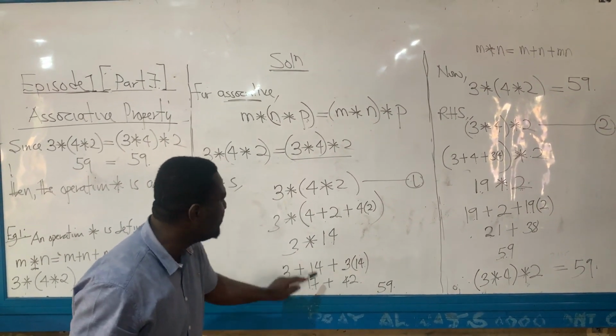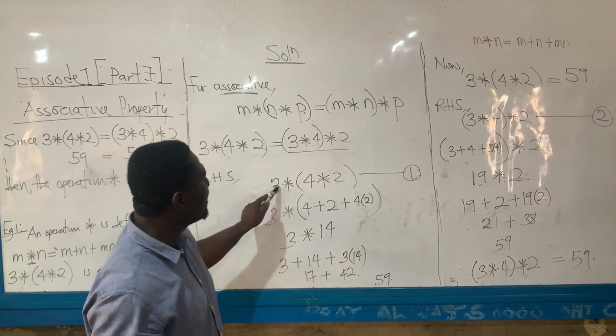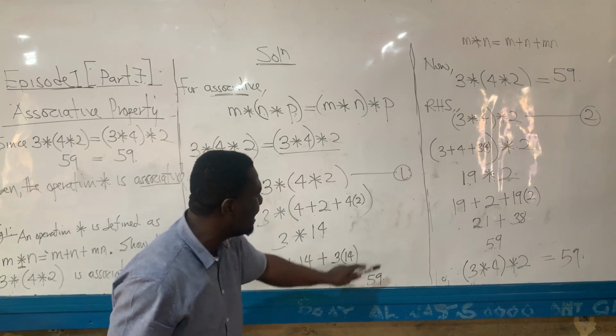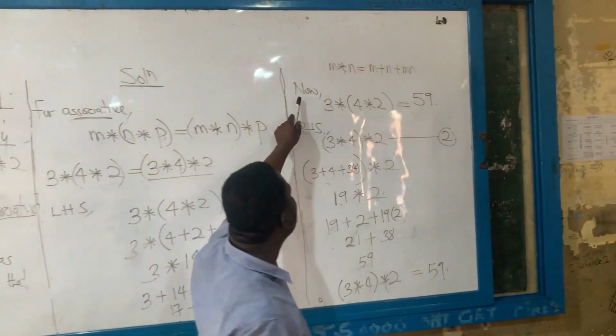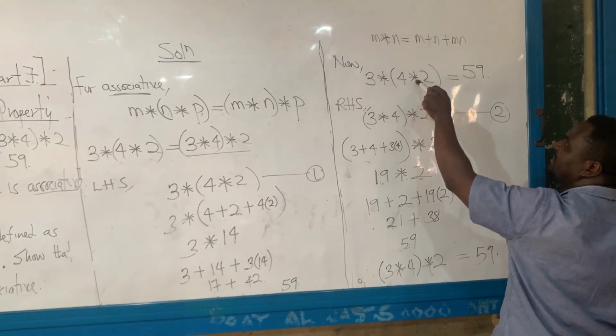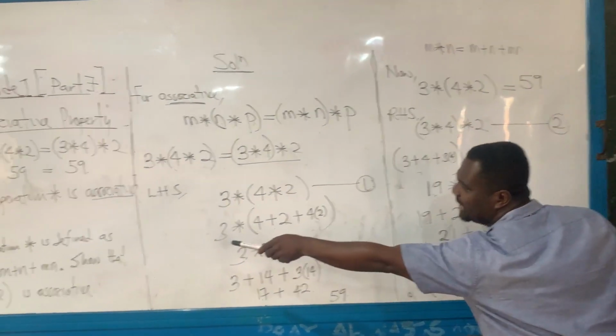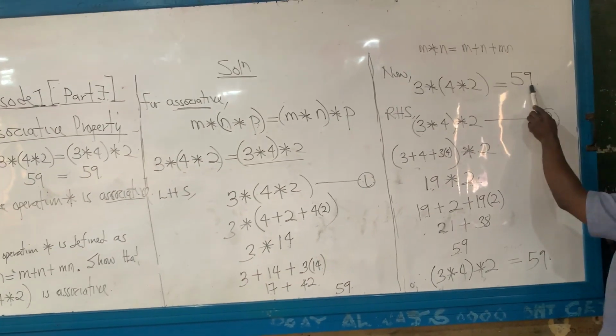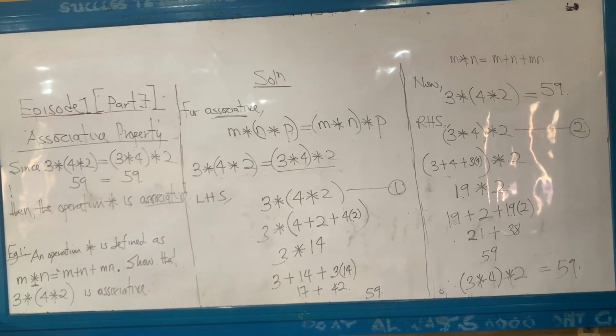When you simplify, you are getting in total the whole of equation 1 as 59. Now, 3 star bracket open, 4 star 2, per the formula in the question, we are getting the answer to be 59.